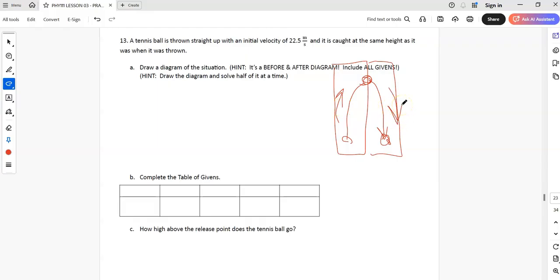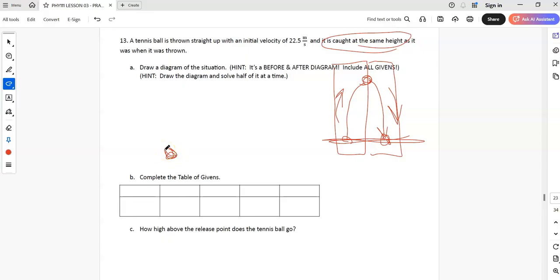I recommend that you use the half where the ball is going up. But when they say it's caught at the same height, that's telling you that these two levels are the same and that going up looks exactly like going down. It's just it reversed in what the ball is doing. So let's just consider the ball going up. That's the easiest way to do it, I think.